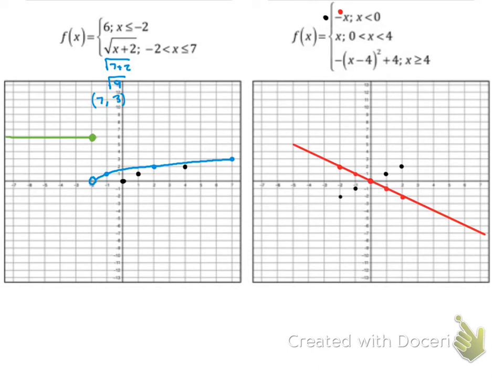If we go to 0, it looks like we're going to need an open dot at 0, so I'm going to need to do some erasing. So I'm going to erase this. I know at 0 I need an open dot. Okay, and I want the values less than 0. So here is less than 0.